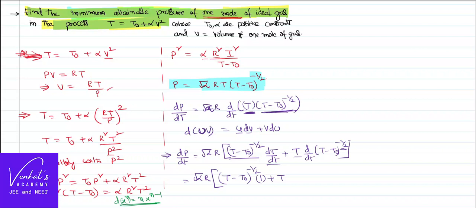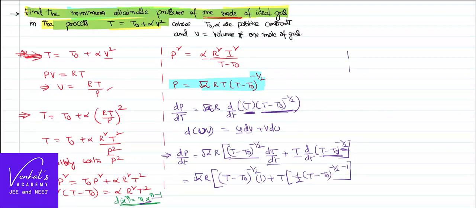That's a standard formula that you know. Let's apply that. x power n is minus half, so minus half into x, where x means T minus T naught, power n minus 1. n is minus half and then minus 1.